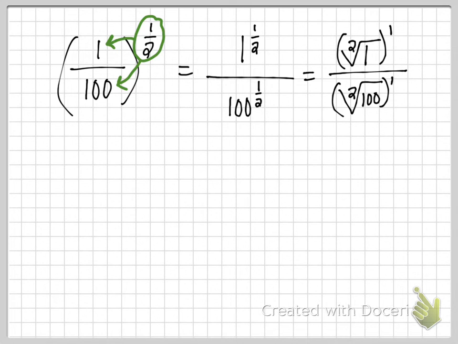Do you see how we went from one to the other? The denominator becomes the index, and the numerator is the exponent. Can we simplify from here? In the numerator, the square root of 1 is 1, to the first power is 1. On the bottom, the square root of 100 is 10, to the first power is 10.